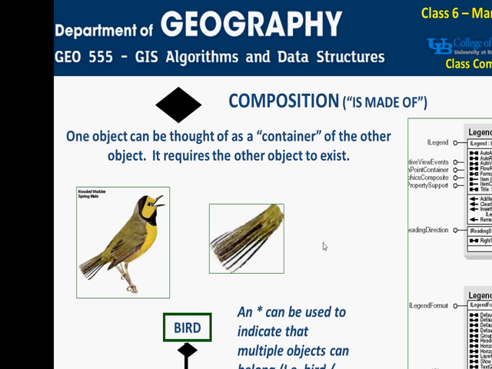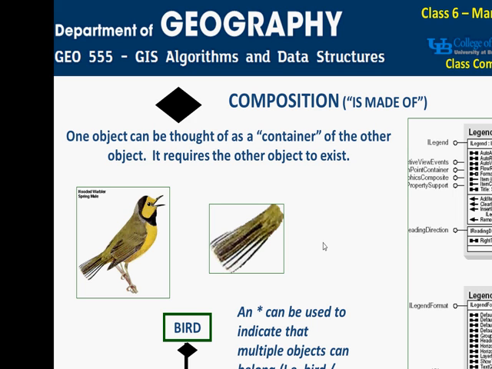This nomenclature has to do with putting objects by reference. Composition is indicated with a diamond, or "is made of," is the English description. So one object is a container of another object. For example, a bird has 2 wings. The objects go together.